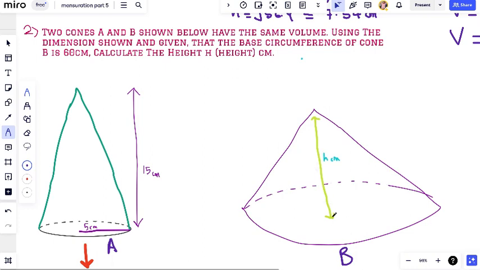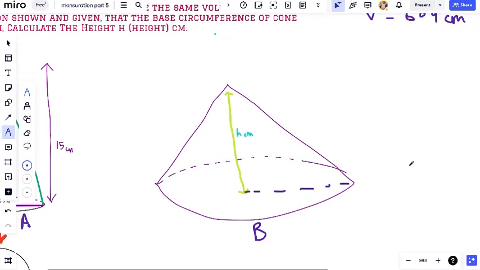And at the base, we have to find the radius first. How do we find the radius? By using the circumference formula. So let's find the radius. C is equal to 2 pi r.